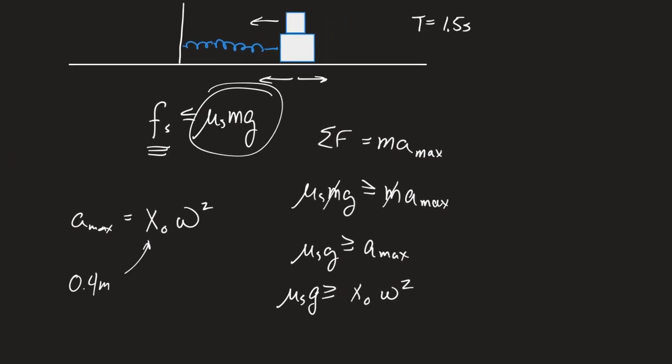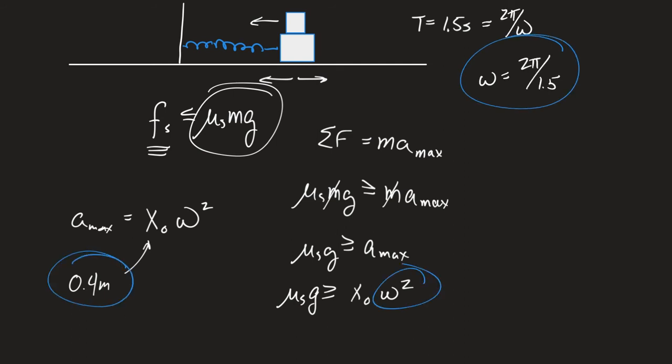What's left? Well, I don't know the spring constant, and I don't know the mass. But I do know the period, which has to be equal to 2 pi over omega, which means omega equals 2 pi divided by 1.5. So I have omega.